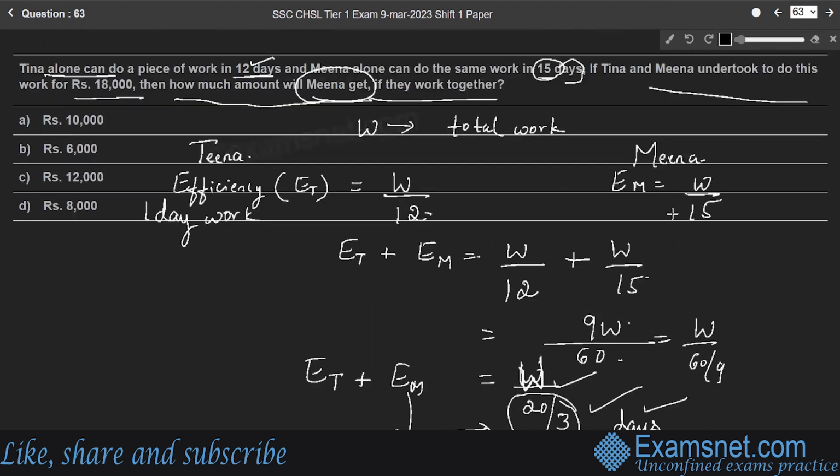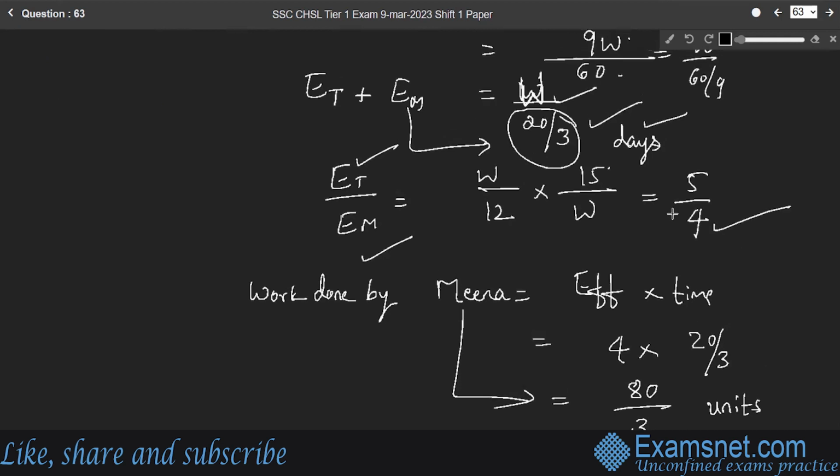Because if you take LCM of 12 and 15, or generally we'll take efficiency into time as total work. For your better understanding, consider the case of Tina. Here Tina's efficiency is 5, and Tina takes 12 days of time, so efficiency into time is 60 units.